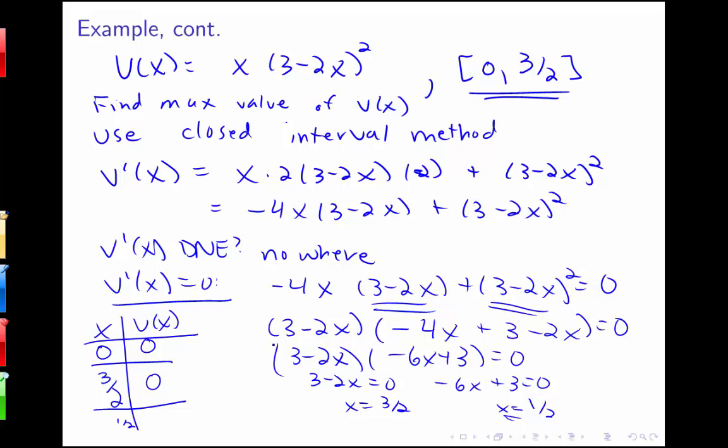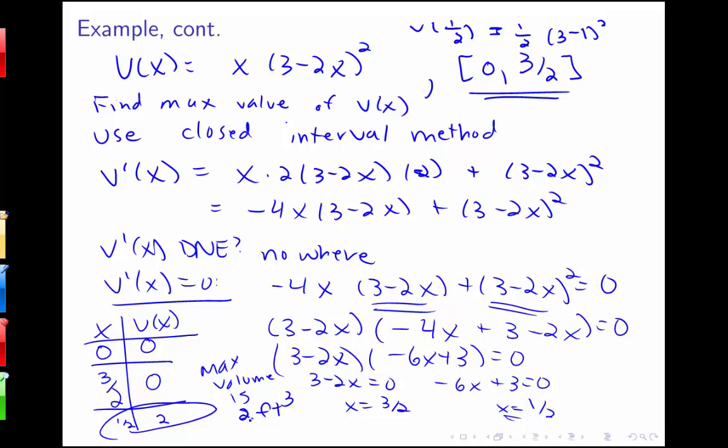So I need to plug 1/2 into V, so we have to do V(1/2). This is going to be 1/2 times (3 minus 2 times 1/2) squared. Well, 2 times 1/2 is just 1, so I've got (3 minus 1) squared. So this will be 2 squared is 4, divided by 2 is 2. So we see that our max volume here is 2 cubic feet, because our units for this problem were in terms of feet.